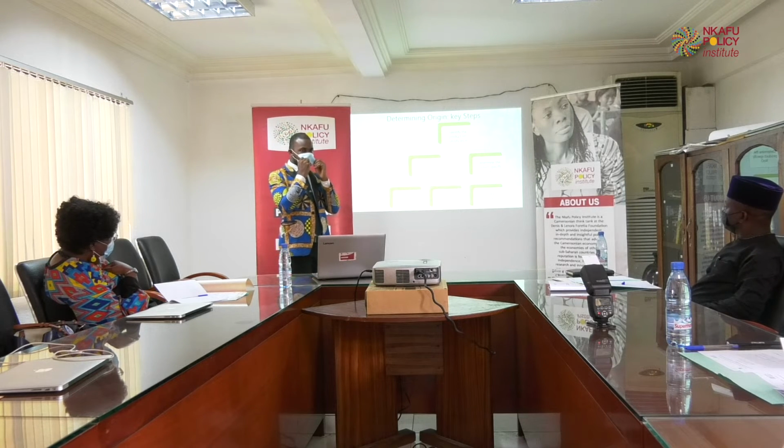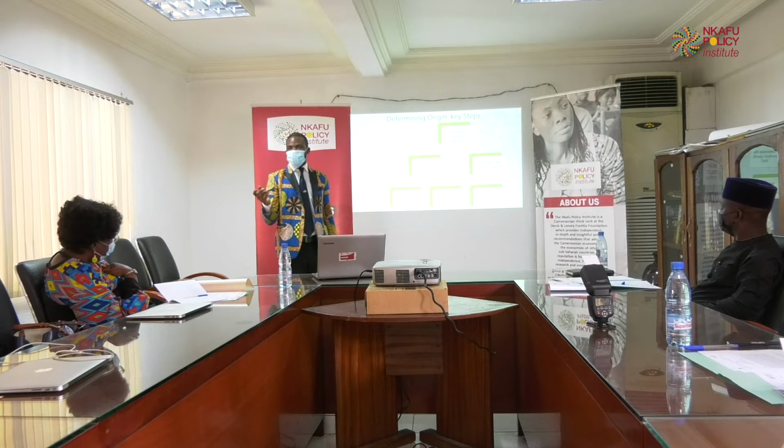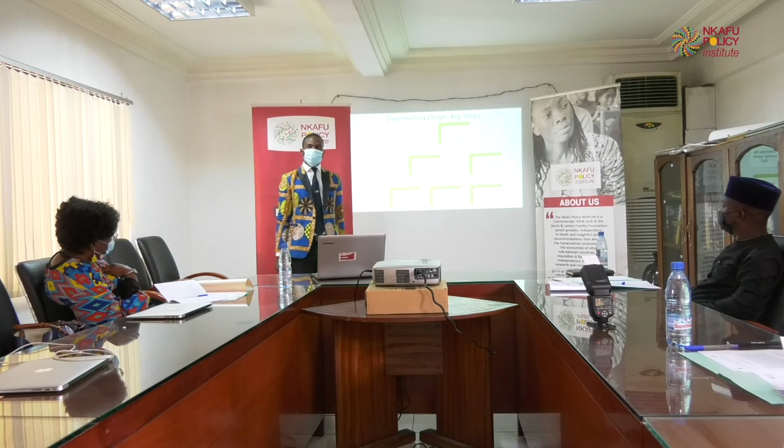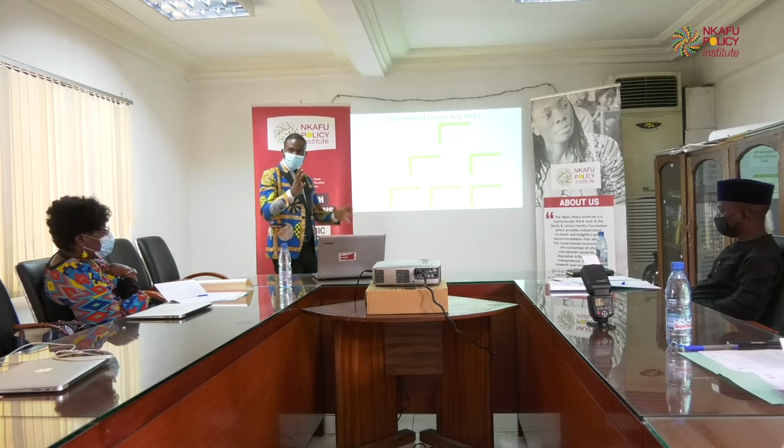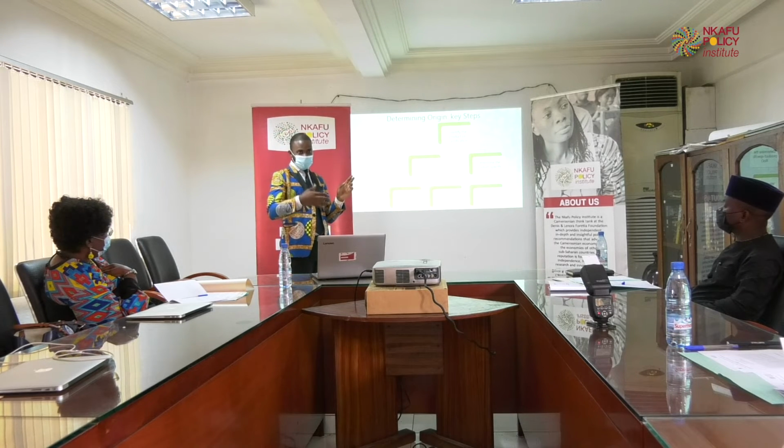So if you look at the auto industry in Ghana, you would find that they get all of the components from China and then they assemble the car. In Nigeria, however, they produce their cars from scratch.